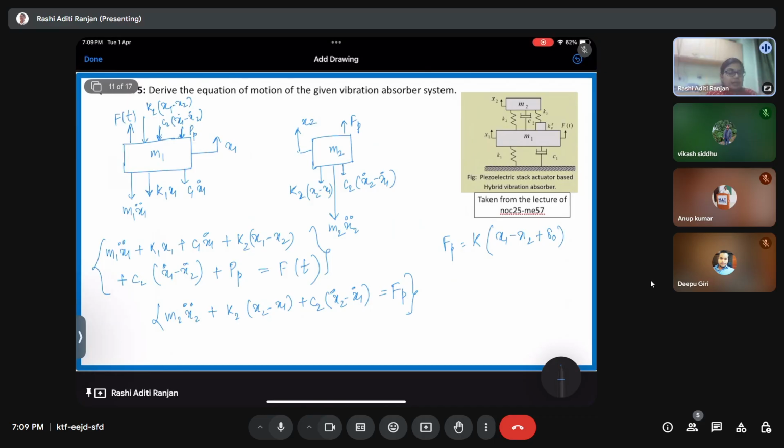If you see, k3 and kp are in series, right? K3 is constant, but kp is changing depending upon my type of vibration. Depending upon f of t, my kp is going to change.